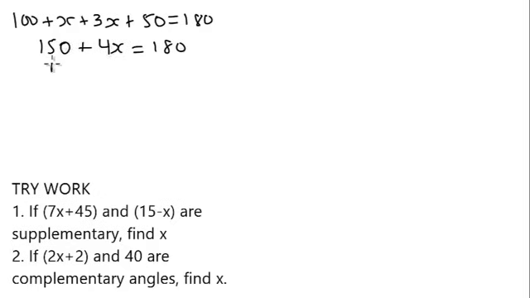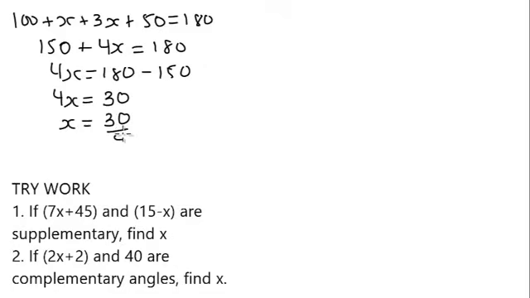And so let's have 4x equal to 180 minus 150. Now 180 minus 150 will give us 30. And so x will be equal to 30 over 4, of which x will be equal to 7.5.